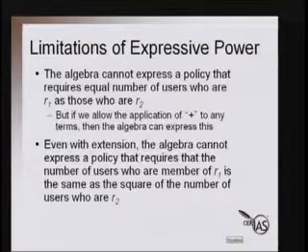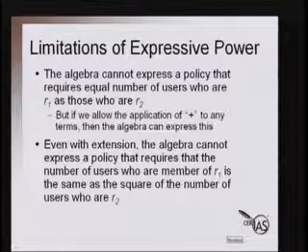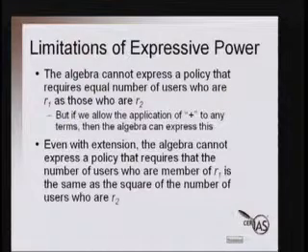So when the algebra is not used to specify security policy, then I think it's possible to allow the closure operator to apply to any terms in the algebra. However, even with such an extension, the algebra cannot express a policy that requires the number of users who are members of row R1 is the same as the square of the number of users who are row R2.